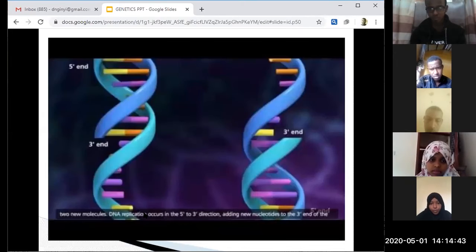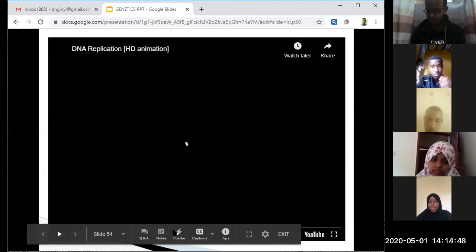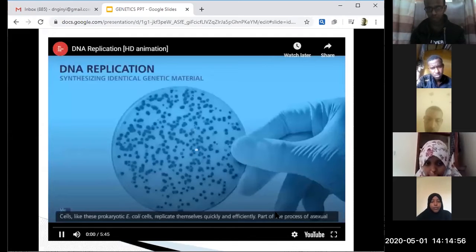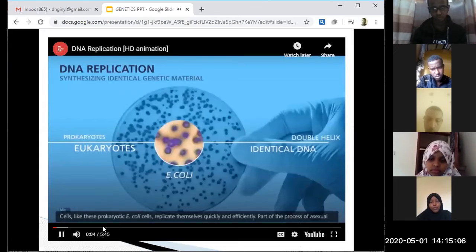Okay, from what we have managed to watch, I think it's quite clear what happens. Cells like these prokaryotic E. coli cells replicate themselves quickly and efficiently.